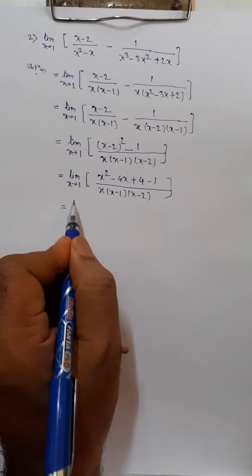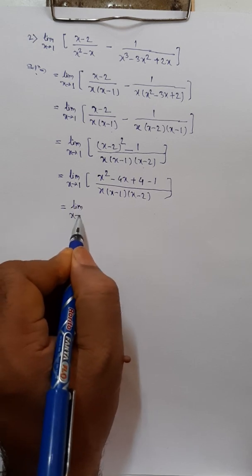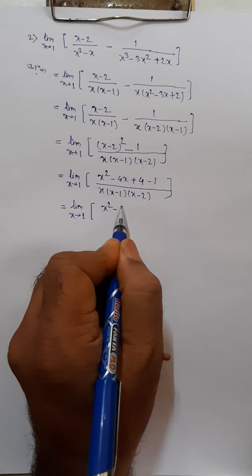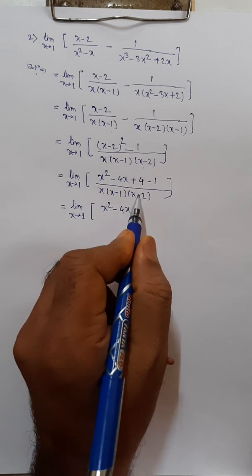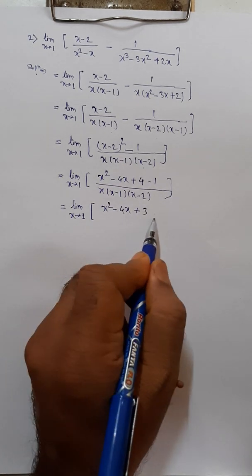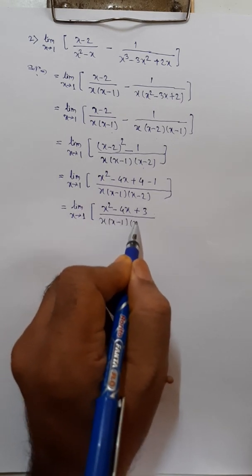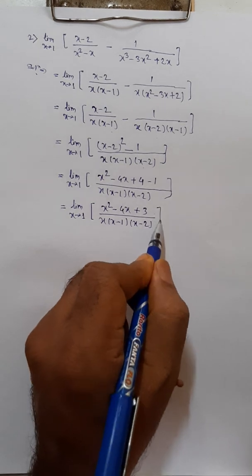So it is equal to limit as x tends to 1, x square minus 4x, 4 minus 1, we get 3 here, denominator same, x minus 1, x minus 2.